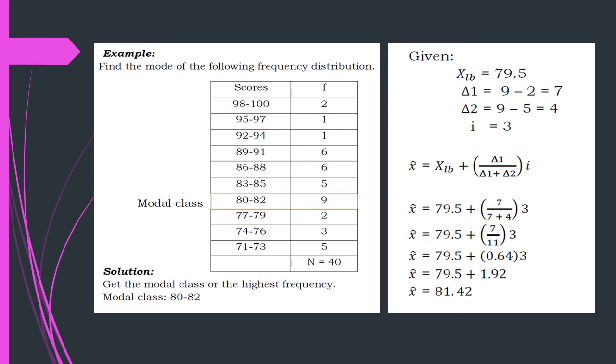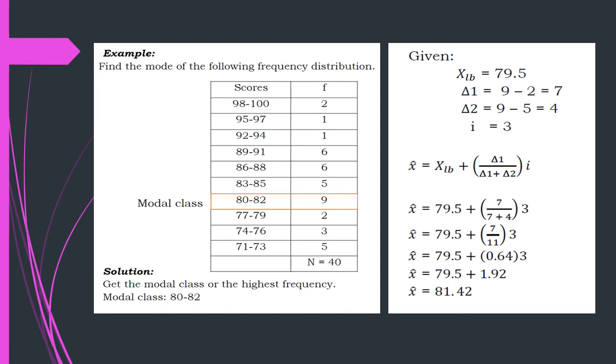Given XLB is equal to 79.5, A1 is equal to 9 minus 2, which is 7, A2 is equal to 9 minus 5, which is 4, and our interval is 3. Simply substitute the given values to the formula. And once you are done substituting the values, simplify your solution.